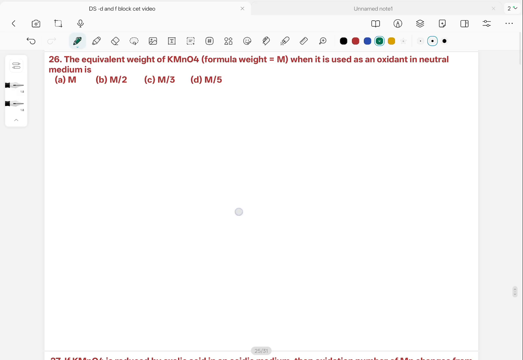The question is the equivalent weight of potassium permanganate when it is used as an oxidant in neutral medium. Potassium permanganate in neutral medium will get reduced to manganese dioxide, where manganese is in the +7 state in permanganate and the +4 state in MnO2.